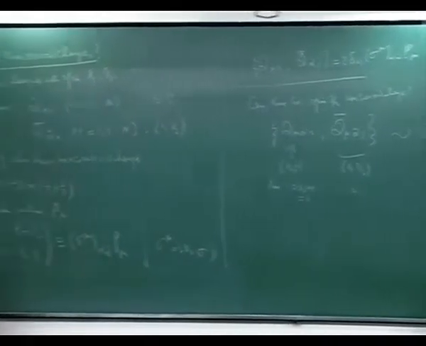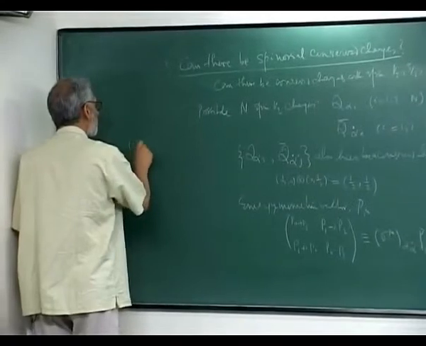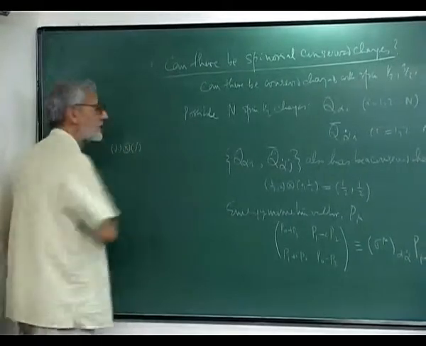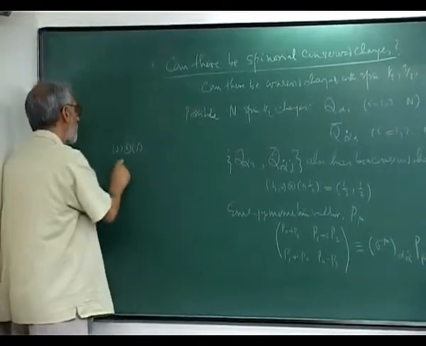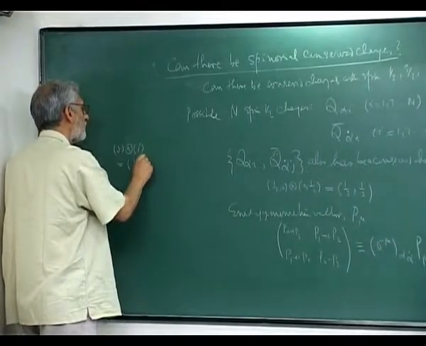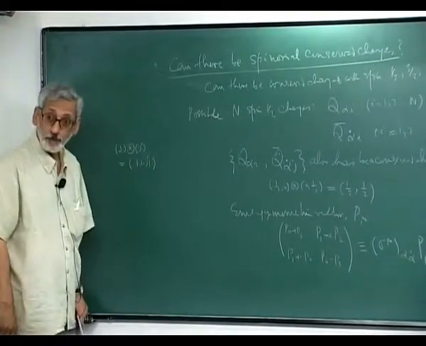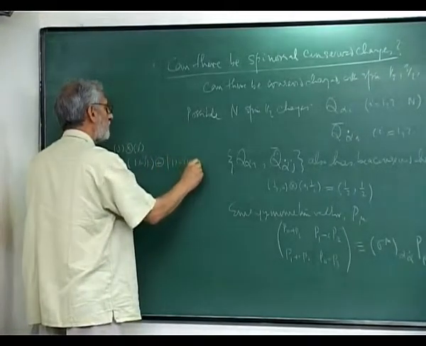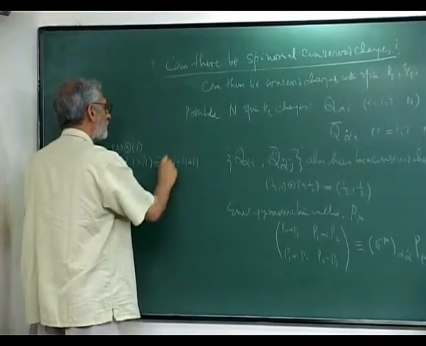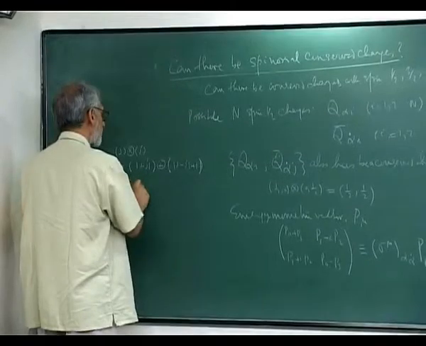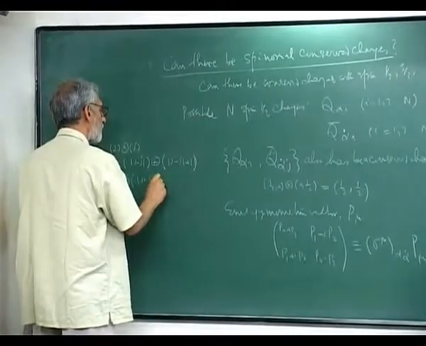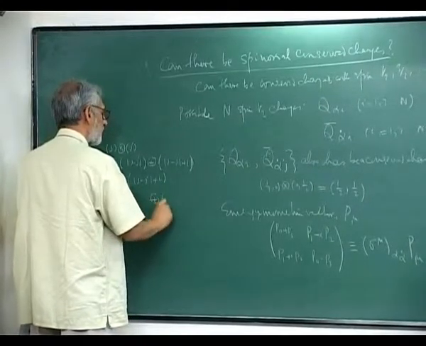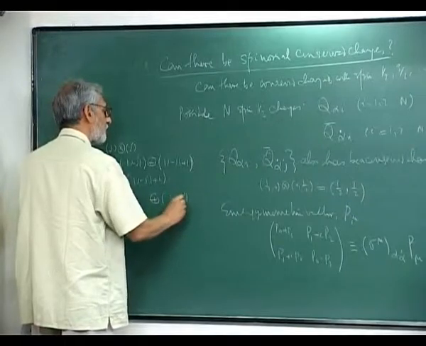I mean, the general rule of SU(2) representations: spin j times j prime is the representation of spin mod j minus j prime, plus spin mod j minus j prime plus 1, plus spin mod j minus j prime plus 2, up to spin j plus j prime.